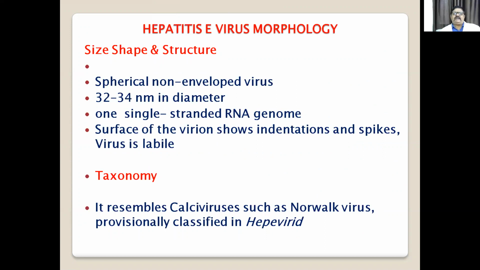The surface of the virion shows indentations or spikes, just like you have seen in hepatitis C virus. Taxonomically it resembles Calicivirus, such as Norwalk virus, and is provisionally classified as Hepeviridae.